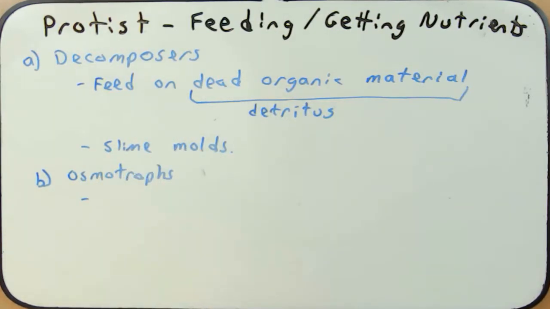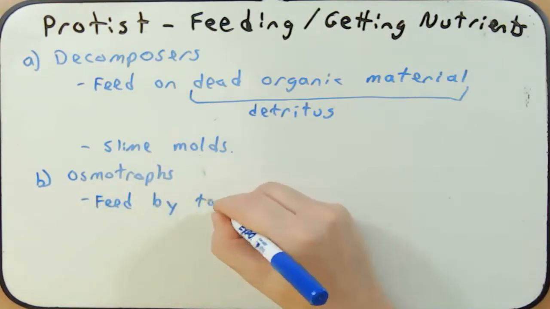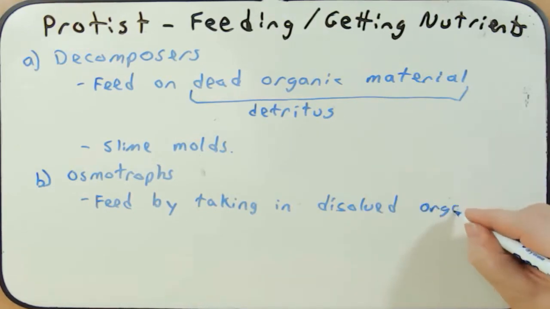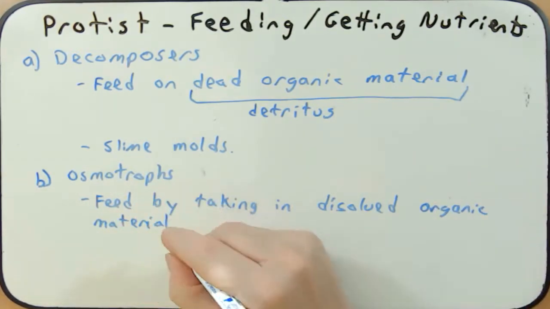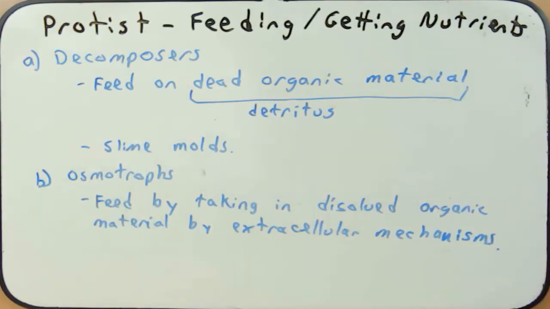Osmotrophs feed by taking in dissolved organic material into the cell by extracellular digestive mechanisms. And the key to this definition for osmotrophs is to think about extracellular mechanisms.